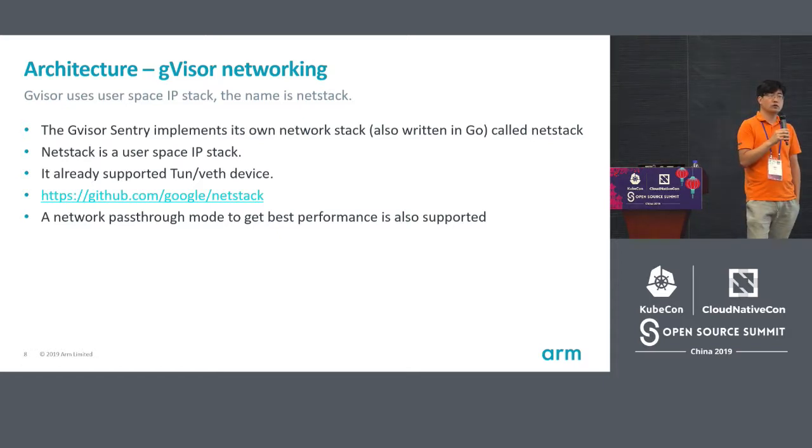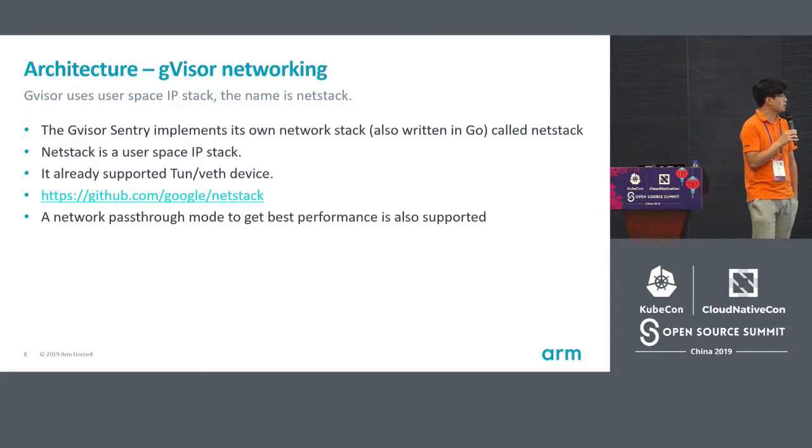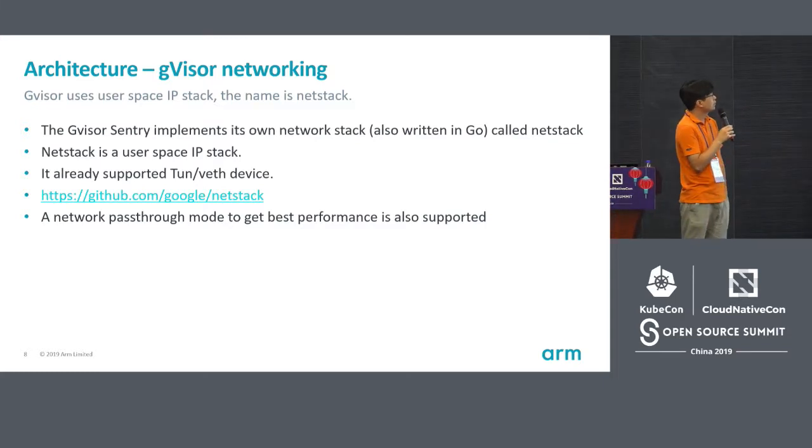There are a lot of user space stacks. DPDK is using another kind of user space IP stack. Google has provided a user space IP stack in the Go language. So you can go to that link if you have interest.